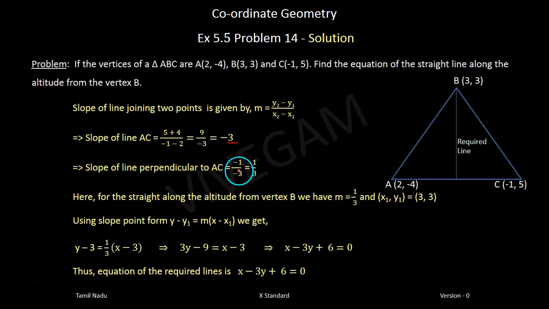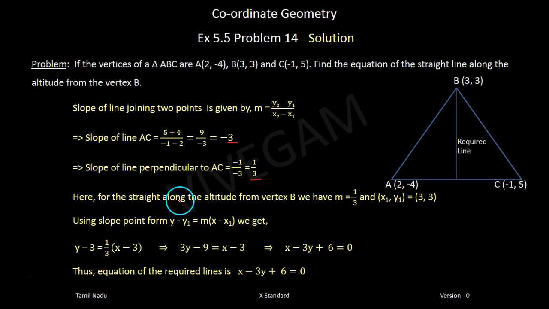The minus and minus get cancelled, and it becomes plus 1 by 3. To verify, multiply minus 3 into 1 by 3, you get minus 1, right? Please understand, the slope of the perpendicular line is the negative reciprocal of the value. Here it is minus 3, so the negative reciprocal is minus 1 divided by minus 3, that is 1 by 3.